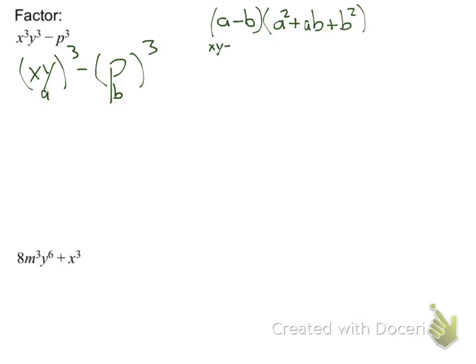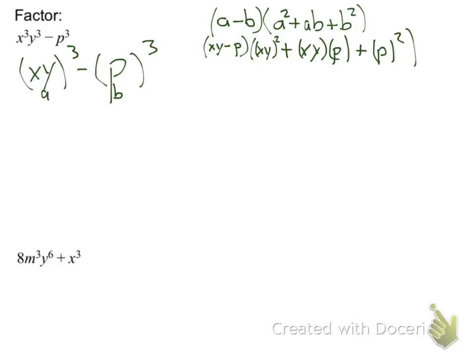xy minus p times (xy) squared. Notice I put parentheses around that xy every time I use it, because I'm basically using substitution now. And at this point, when I use substitution, I use parentheses so I don't lose signs and I don't lose my numbers. Yeah? Plus (xy) times (p) plus p squared.